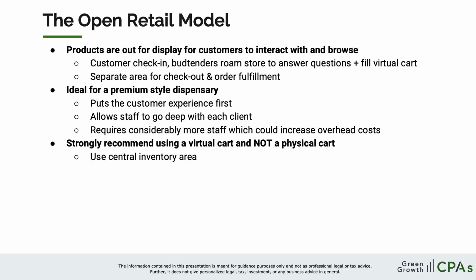Now, this layout may seem appealing because it offers that personal interaction between client and budtender, but considering inventory, we strongly recommend you use a virtual cart and not a physical cart, because you want to pair that virtual cart with a single inventory for the sake of inventory control.